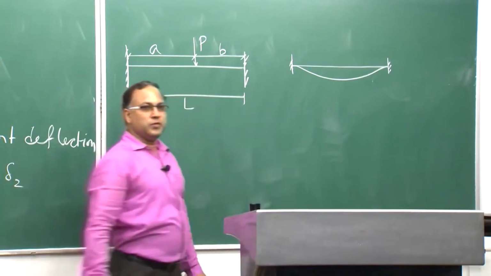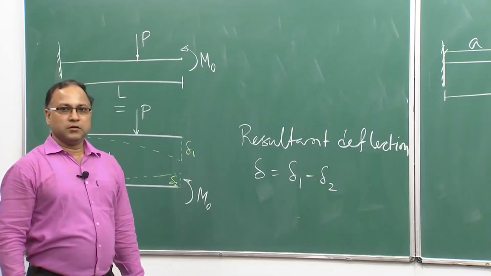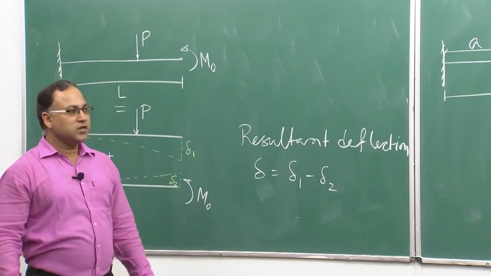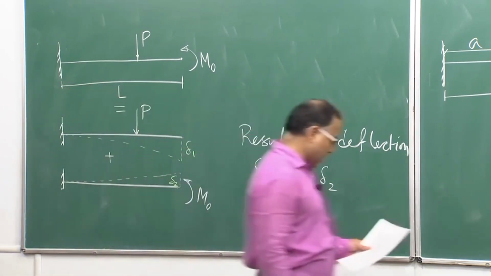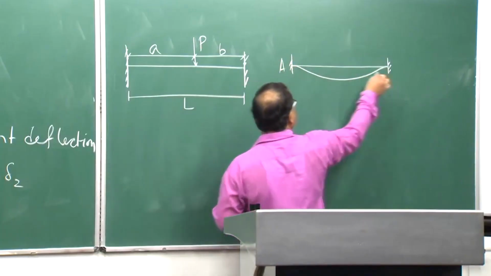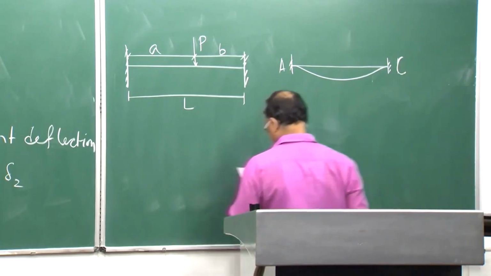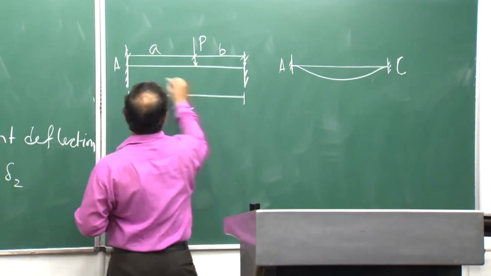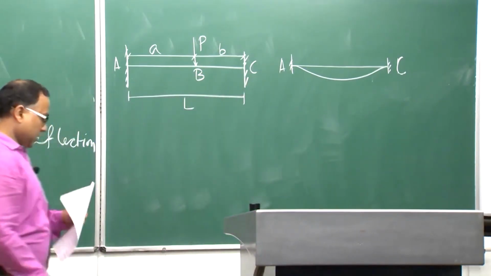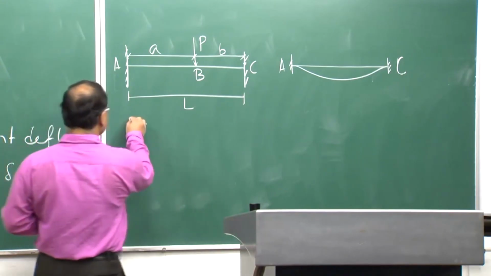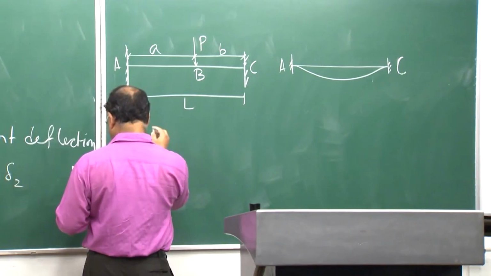The slope will be 0 because the moment reaction is there. So the slope must be 0 at these two ends. This is your A and this is your C, and this point say B. This can be separated into three basic systems.